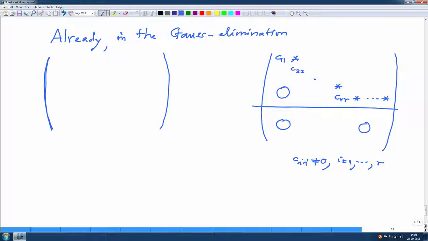For that, note that we might have had to interchange the columns, because not all the columns will have non-zero entries. So we could have interchanged two columns also. And then once you have a non-zero entry here, we use it with row operations to make the entries below it 0, and repeat this process.